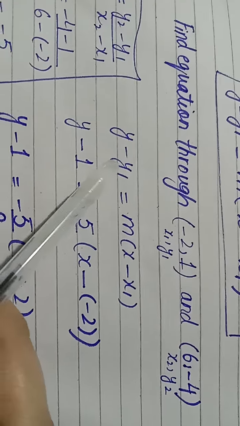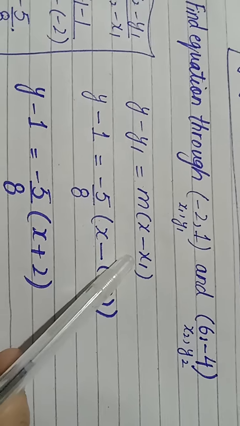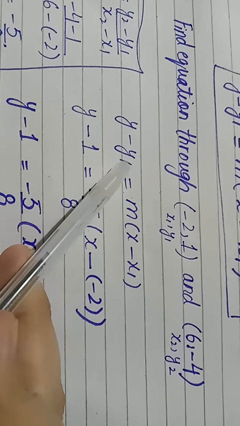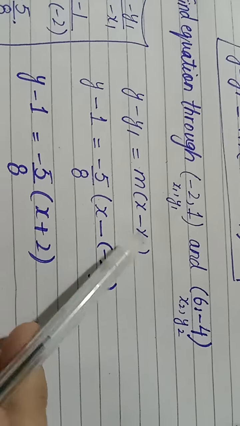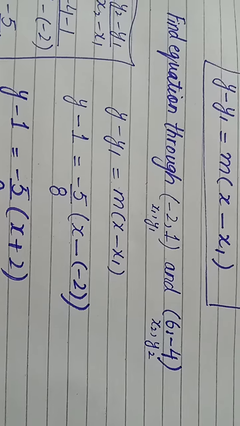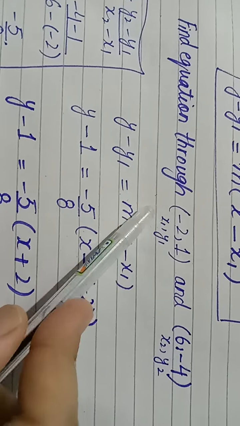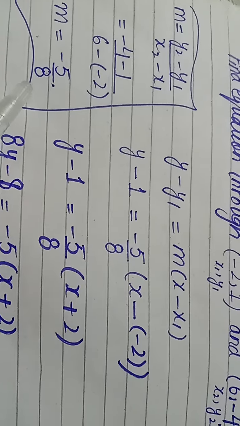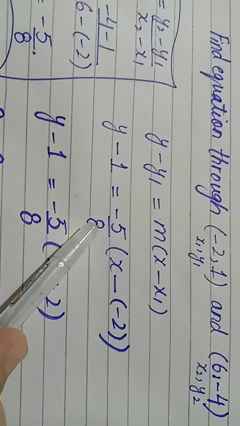Now, put the values of y1 and x1 in place of x1 and y1. y1 is 1 and x1 is minus 2. The slope you have already found over here is minus 5 by 8.